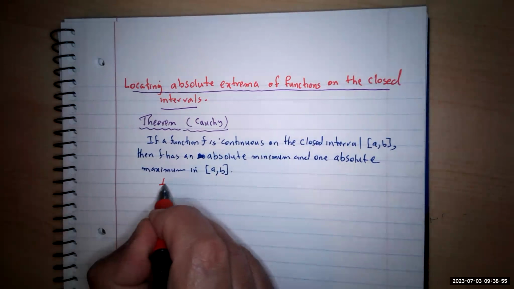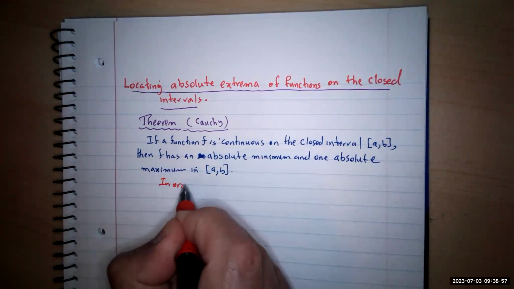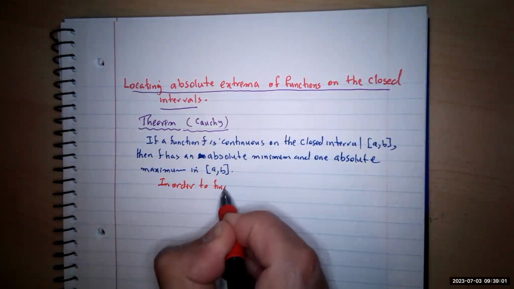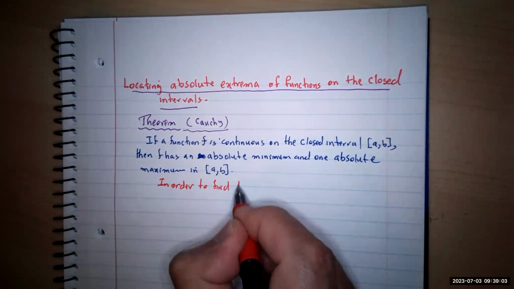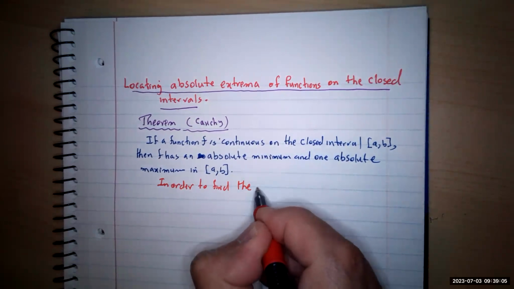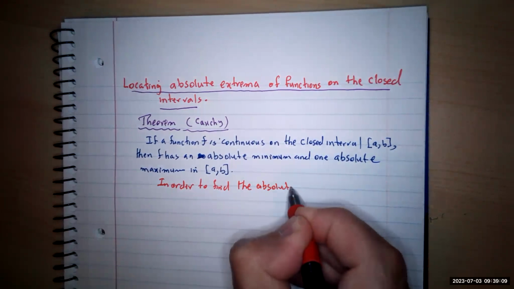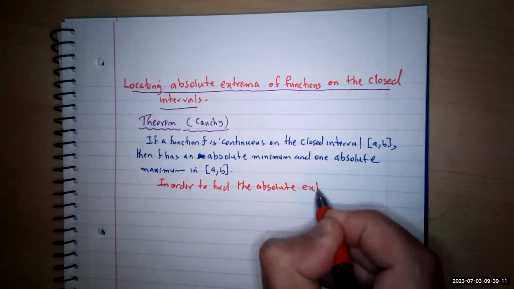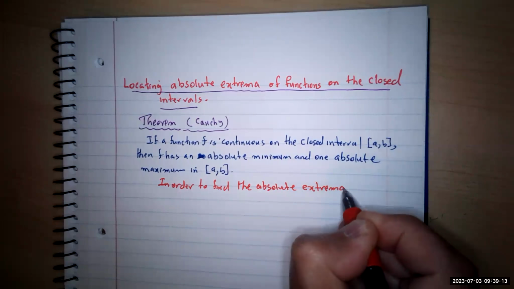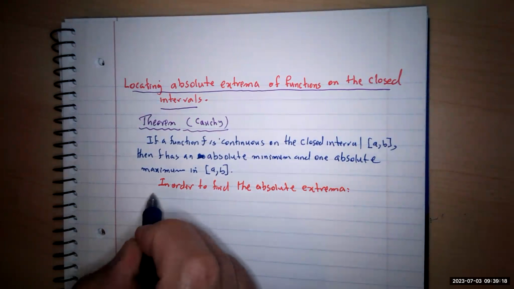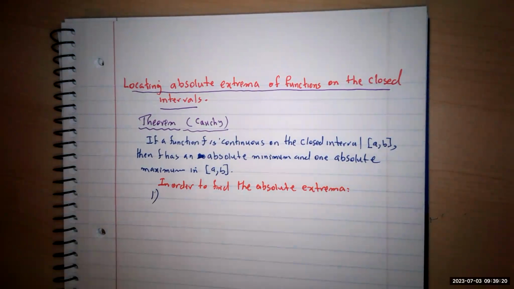This is the instruction. In order to find the absolute extrema, this is your job. Step 1: the candidates for maximum and minimum, we know that, are critical values.